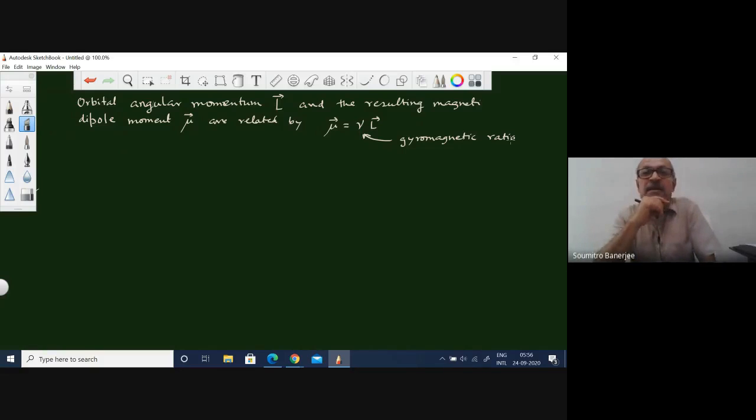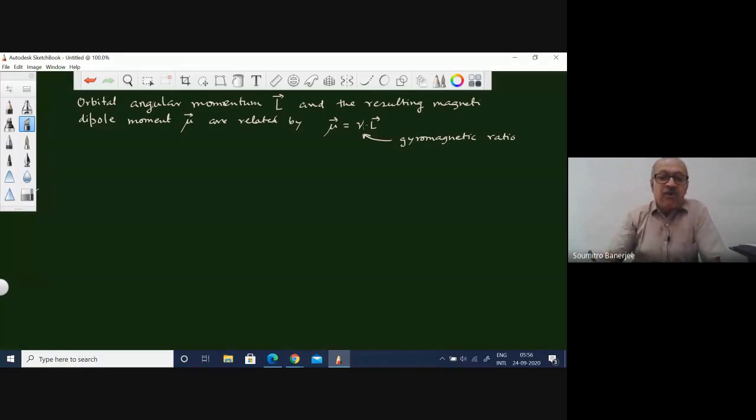This is something that we did earlier. The gamma depends on the charge to mass ratio. For an electron, which is a negatively charged particle, this gamma is negative. For a proton, the gamma is positive, and so on and so forth.